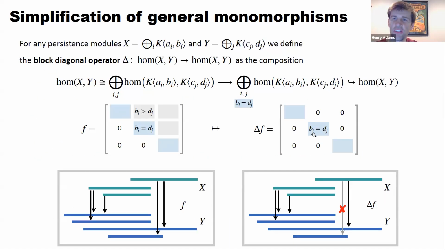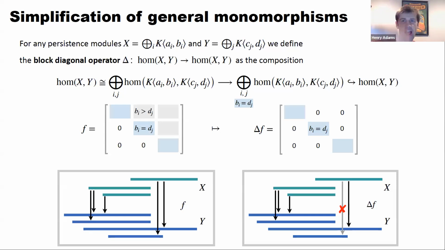Andrea, can I ask a question? Sure. So if no two bars have the same endpoint, then this is the zero morphism? It's interesting in our situation for monomorphisms, and in that situation, you know that there are pairs of bars with the same endpoint. I see.